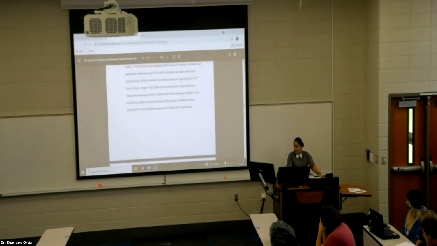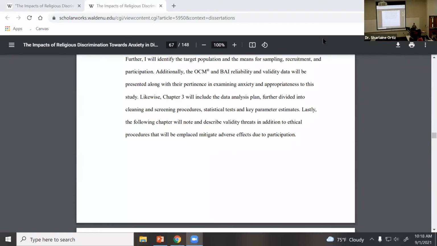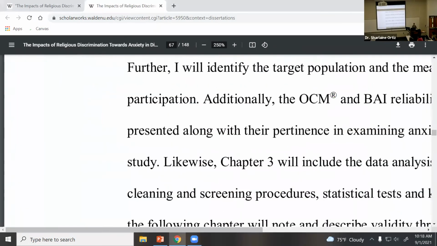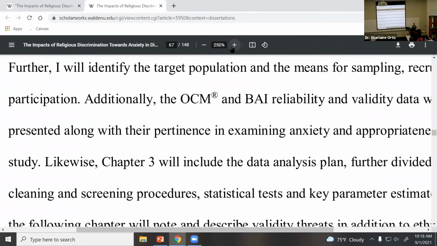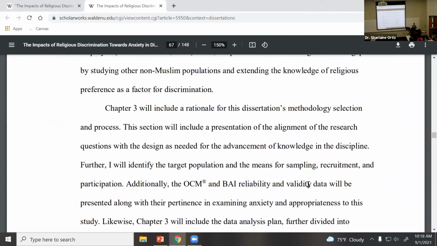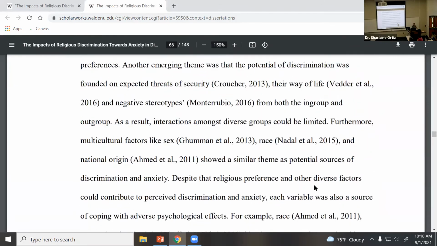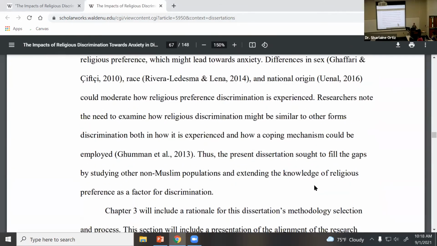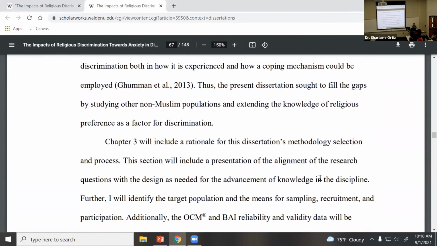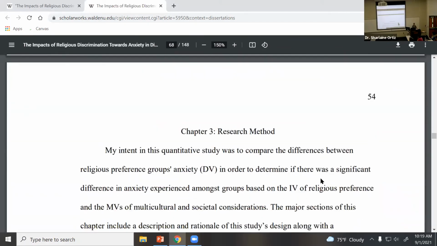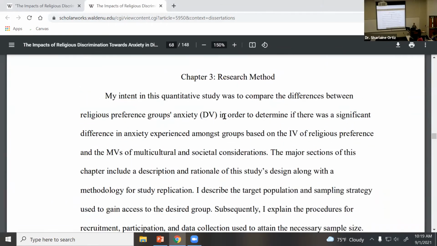So in the research method, and I'm going to share my screen, so those of you who are watching online can see it better. Within the research method, you have to explain how did you gather that data, the participants, what is the dependent variable? In this case, it was the group's anxiety.